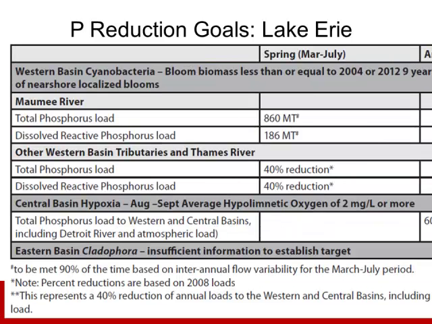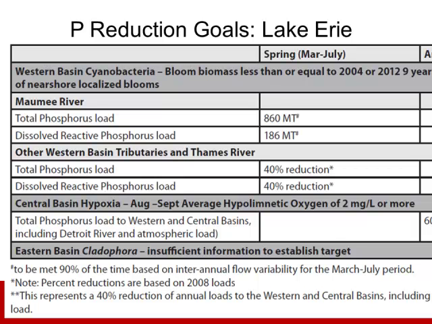For the spring period on the Maumee River, we're looking at a total loading of 860 metric tons as far as total phosphorus load, and that spring period is March through July. That time frame correlates to the amount of bloom or growth that we see on the lake.